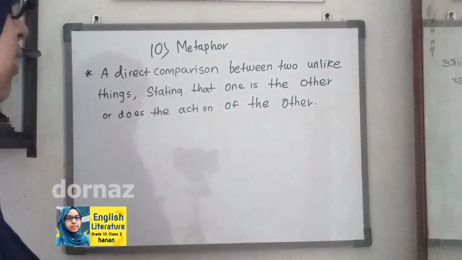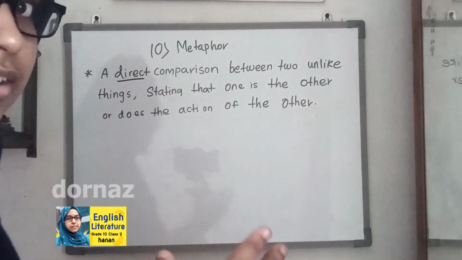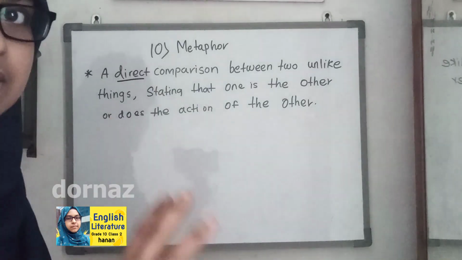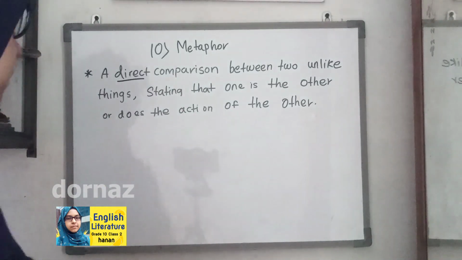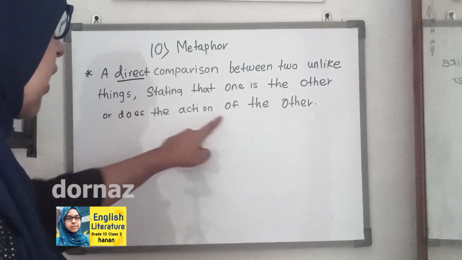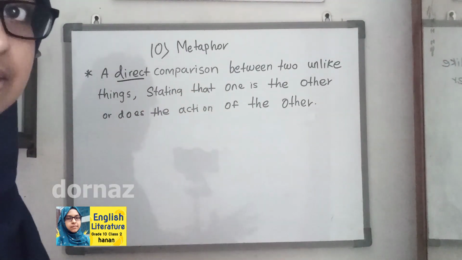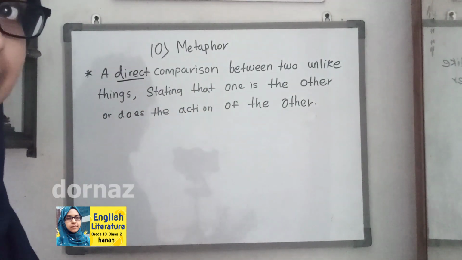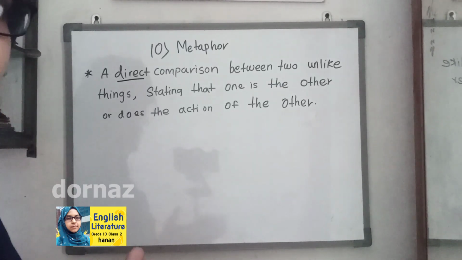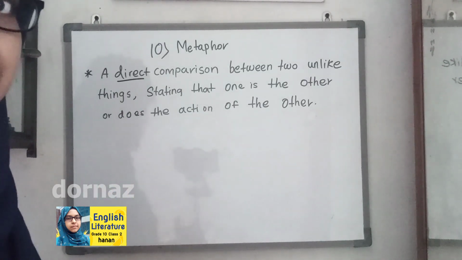A direct comparison between two unlike things. Unlike things means moon and face. Moon and face are two different things. Stating that one is the other. Her face is the moon. Like that we are stating one to the other. We are directly comparing unlike things.